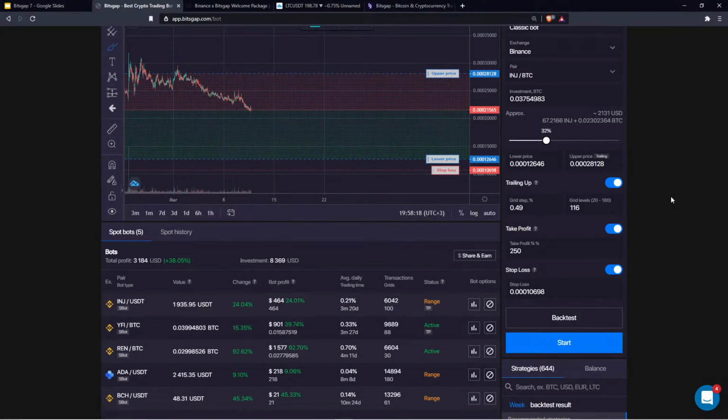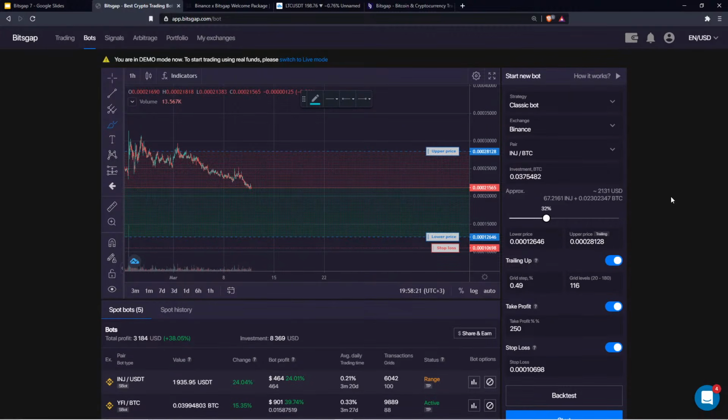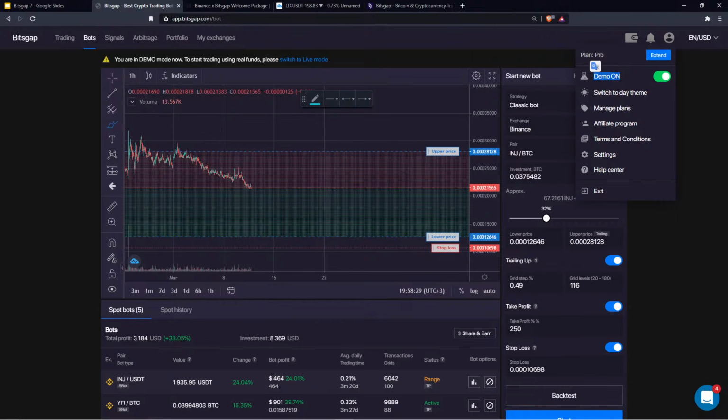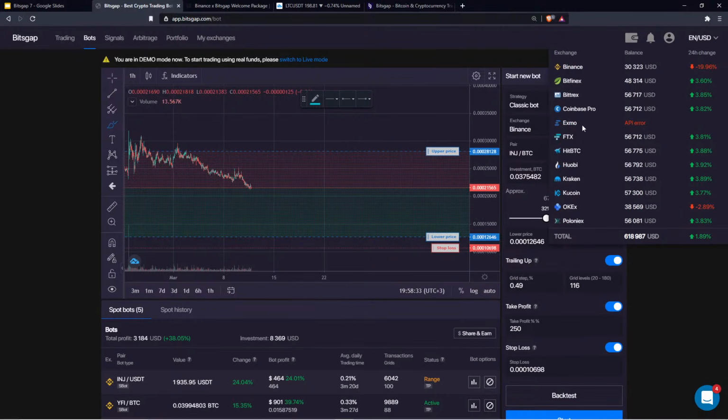Okay. So yeah, by the way, in order to find and develop your best strategy, make sure to trade in the demo mode. That's exactly the one I'm using right now, because in demo mode I have virtual money literally on every important cryptocurrency exchange, which I can use to experiment.